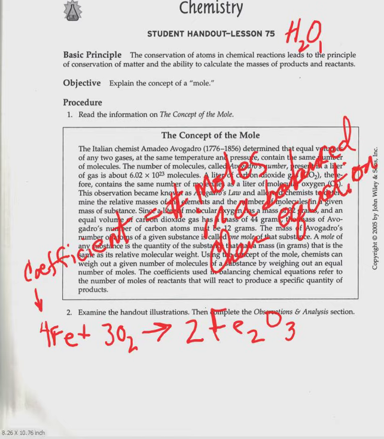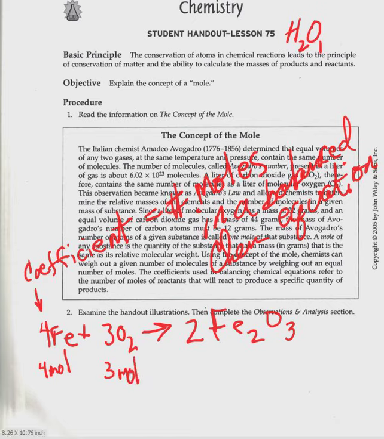So there are four moles. We abbreviate moles to MOL. Why we don't add the ES, I don't know. But there are 3 moles of O2.